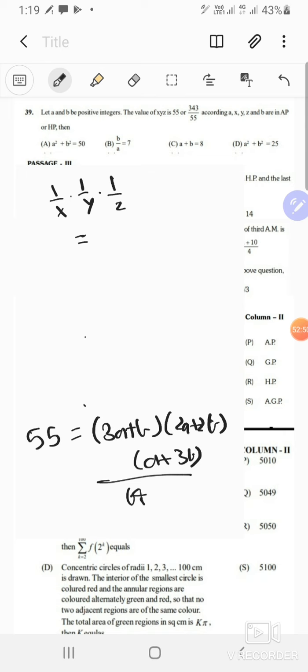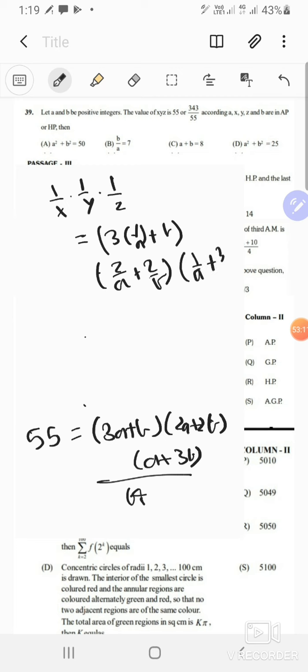That would not be 55. It would be 55 upon 343, but this would be equal to 3 times of 1 upon a plus b into, so 1 upon a into b into 2 times of 1 upon a plus 2 times of 1 upon b into 1 upon a plus 3 upon b upon 64, something like that. Okay, that's nice.